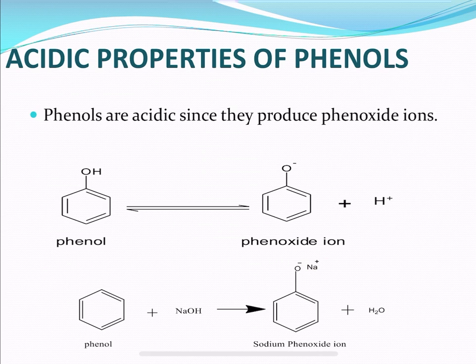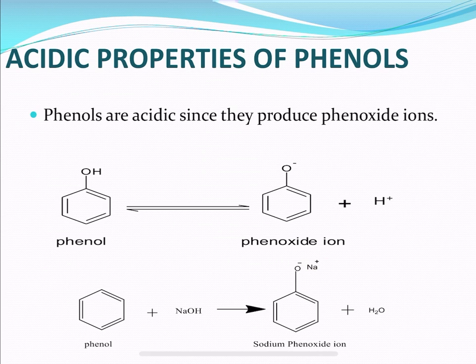The stability of the phenoxide ion is due to resonance. Just like how we study the resonance structures of benzene, in the same way in phenols also. When phenols combine with sodium hydroxide or any such alkali metal hydroxide, sodium phenoxide is formed.